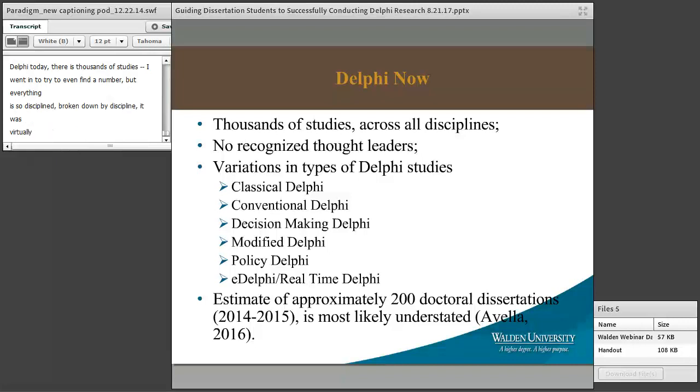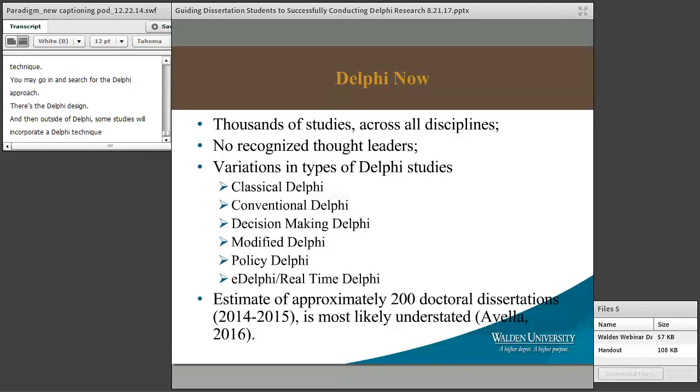Another challenge in trying to ascertain Delphi usage is that if you go into search, you have to be careful with the search terms, because in some cases you'll see Delphi referred to as a method. In other cases, you may see the Delphi technique. You may search for the Delphi approach. There's the Delphi design. And outside of Delphi, some studies will incorporate a Delphi technique but will bill themselves as a case study.